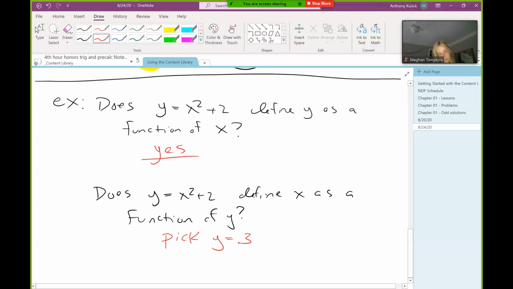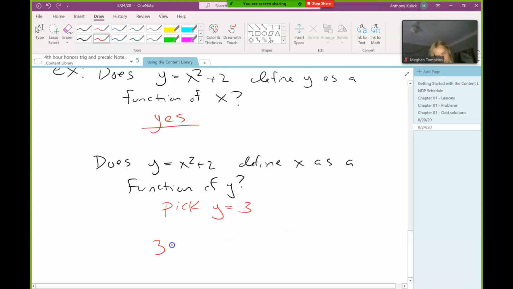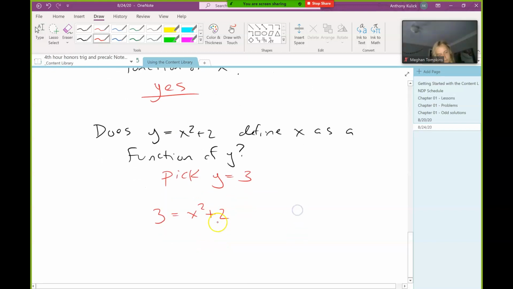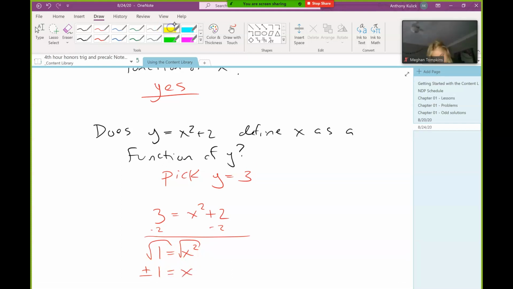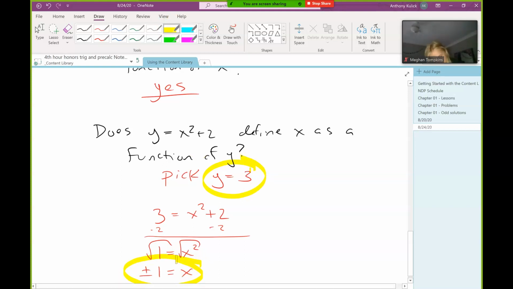Right? So just an example. So this is what we have then, right? What values of x would I get? Yeah. So when I square root both sides, I get plus or minus the square root of 3. So what are we seeing here? One input gives us 2 outputs. Is that a function? No.